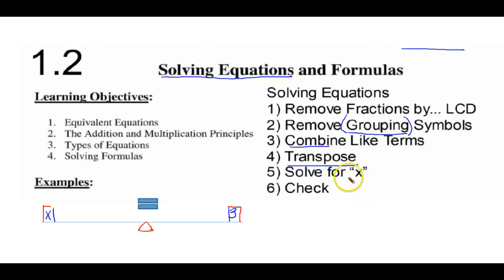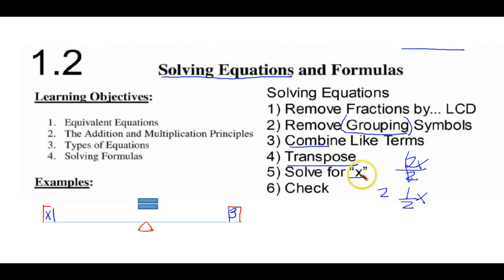And then finally you solve for x. If you have 2x on this side, you're going to divide by 2, this side and the other side. If you have 1/2 x, you're going to multiply again by 2. If you've gotten rid of the fractions, this probably won't happen.